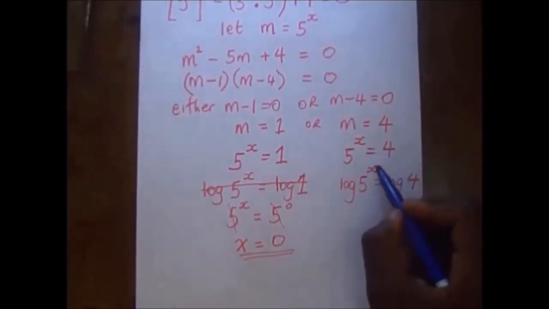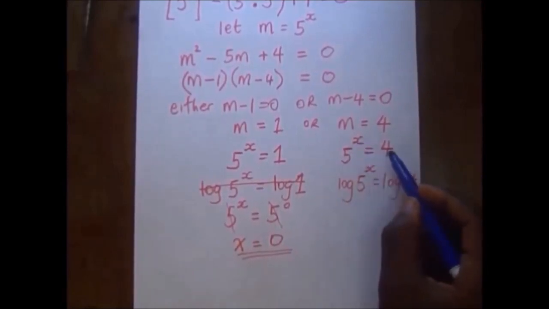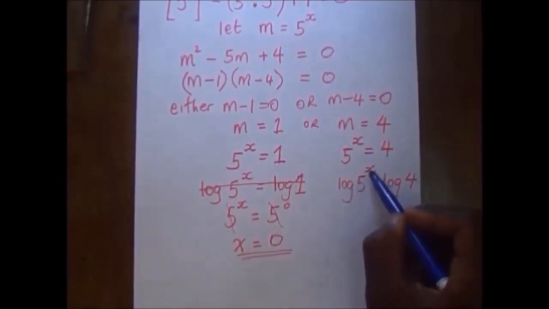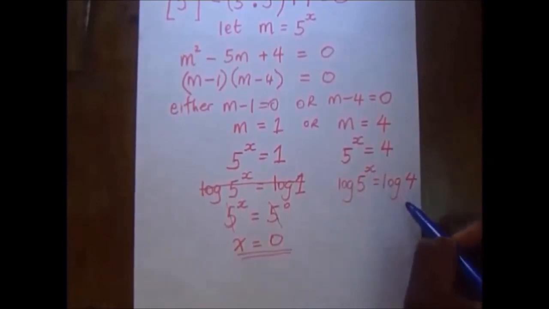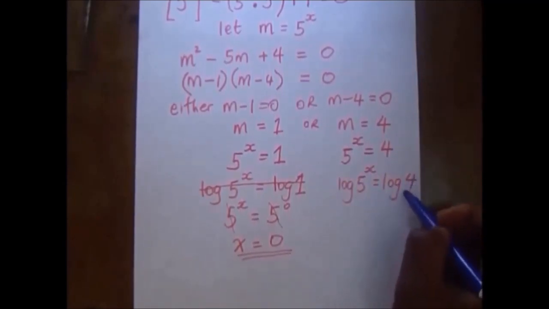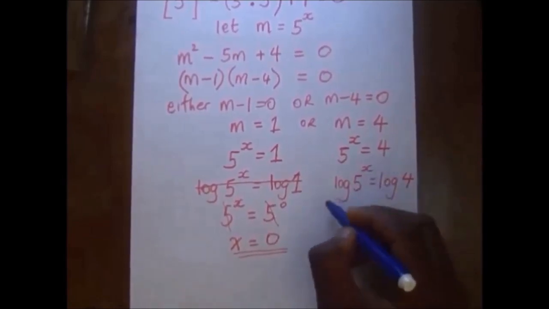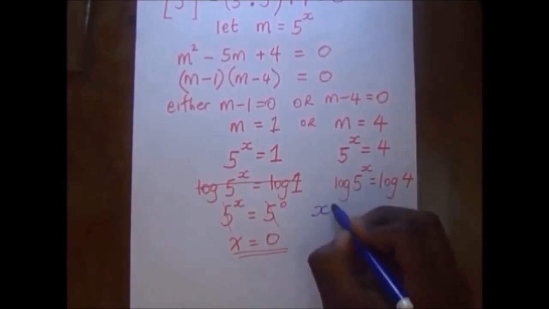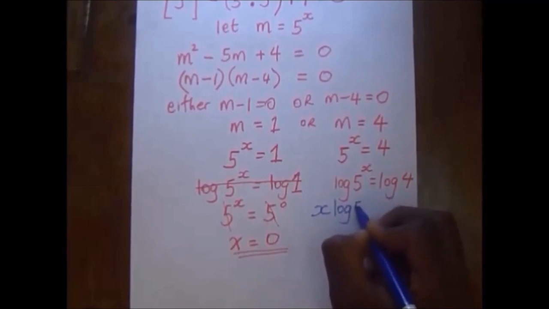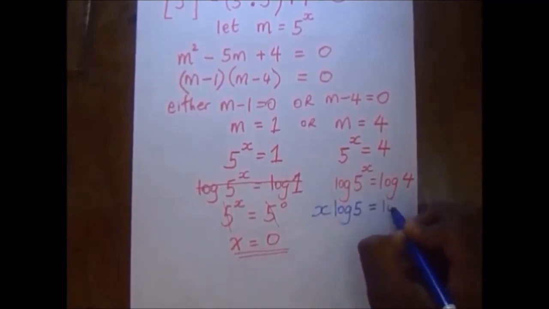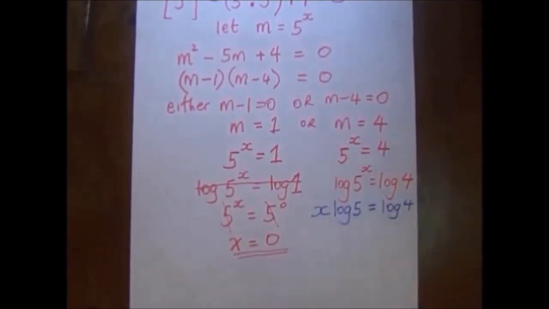If we consider this side here, 5 to the power x is equal to 4, we introduce log base 10 on both sides. So log of 5 to the power x is equal to log of 4 to base 10. This x comes down here, it becomes x log 5, giving us log 4.